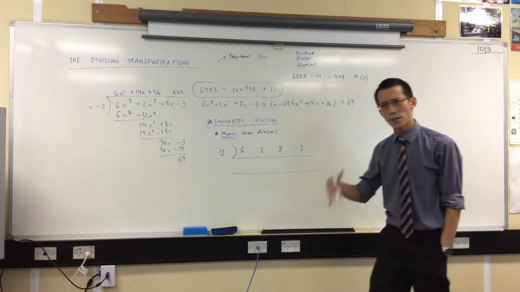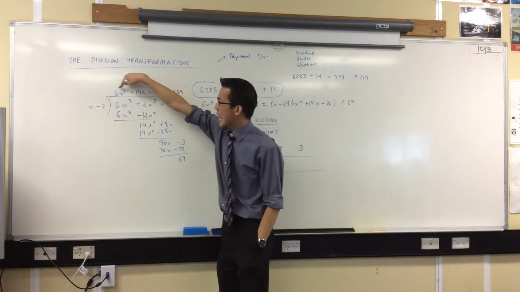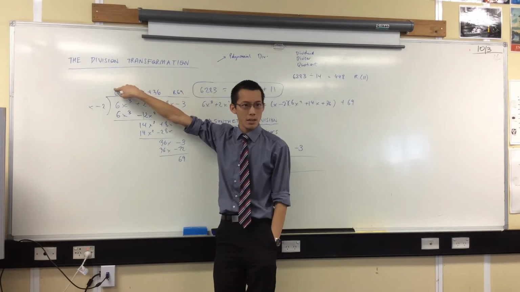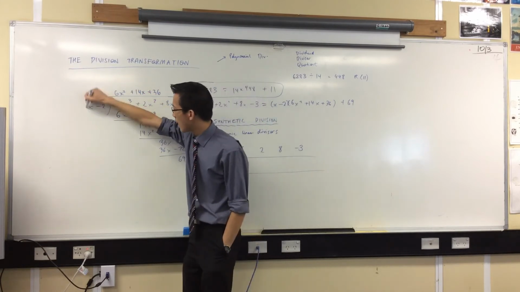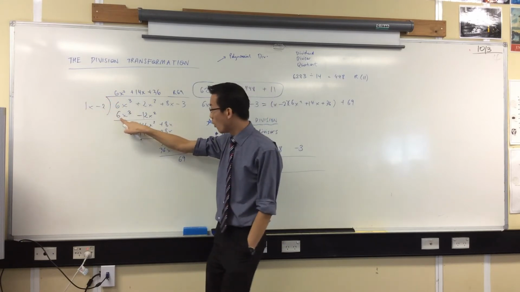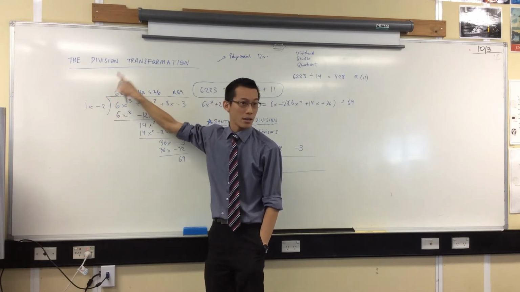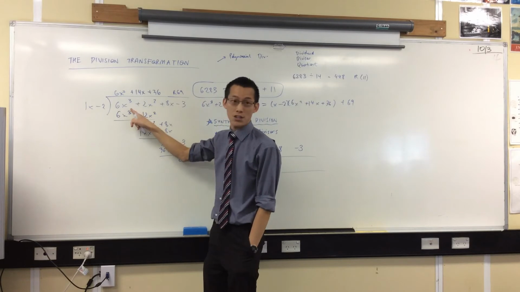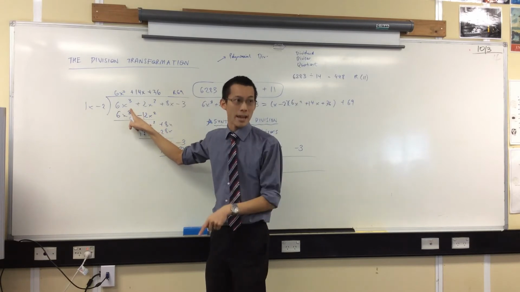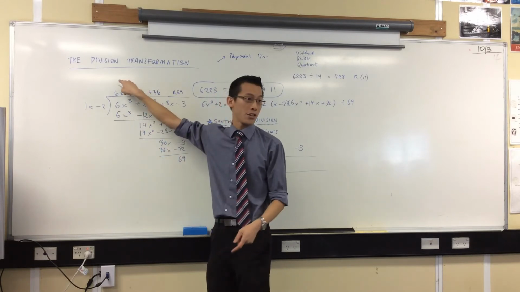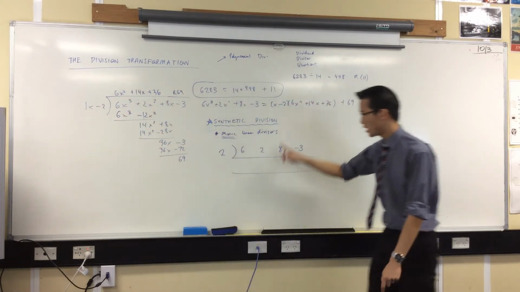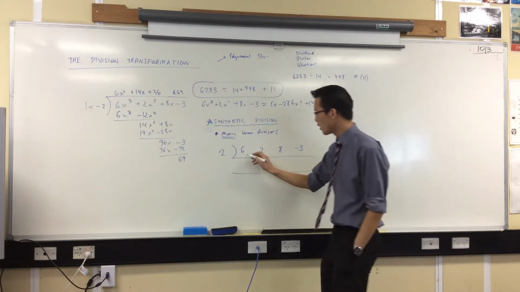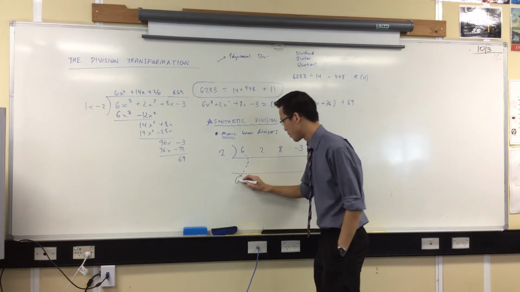So if it's monic, you know exactly what this number is going to be without having to do any calculations, because you're always dividing by 1. So you're always just simply going to get this number straight back. Does that make sense? The leading coefficient of the dividend will be the leading coefficient of the quotient every time if you're dividing by something monic. So here's my first step. All I have to do is write down the number 6.